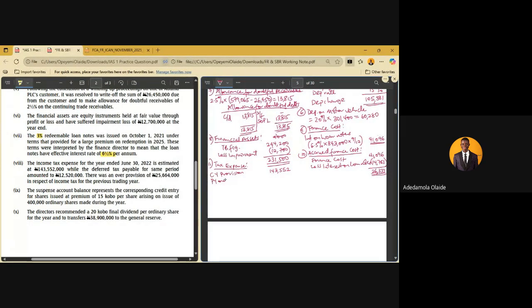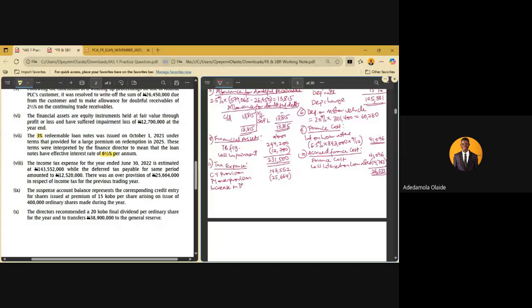Previous year over provision is 25,664. We'll deduct that because if we have over provided, that means what we charged as an expense was too much, so we deduct it now so that we can reduce what we'll be charging as an expense in the current year.